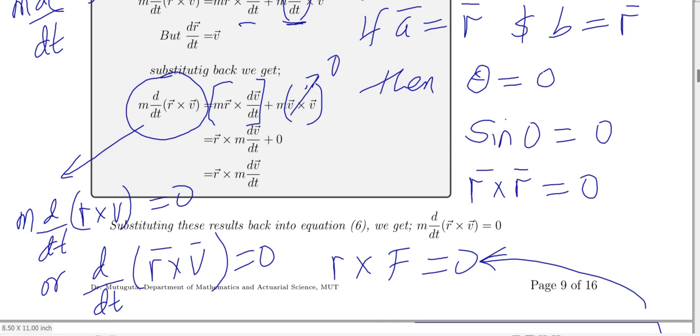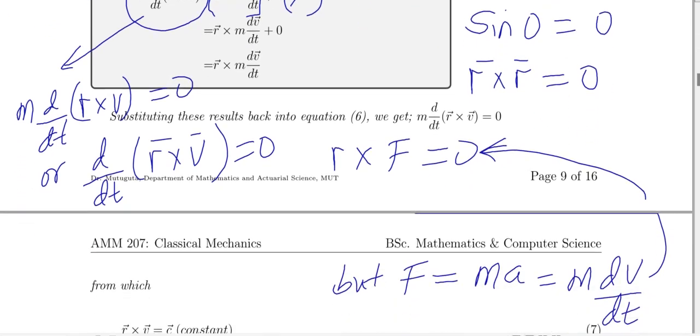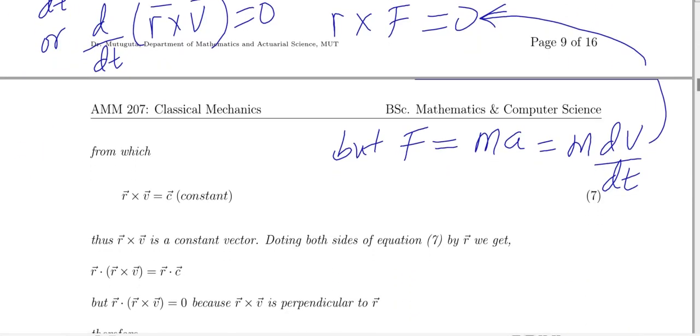So if we now integrate both sides of this expression with respect to t, the left hand side will reduce to r cross v, and on the right hand side we have the integral of 0, which will give us a constant. This will mean that r cross v is a constant vector.